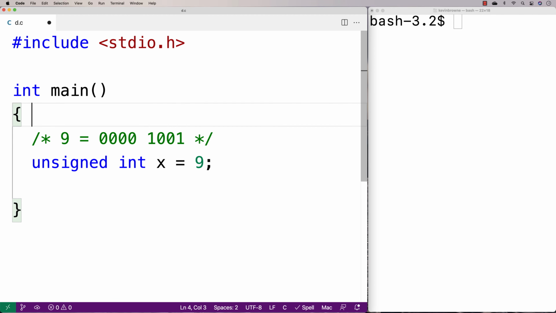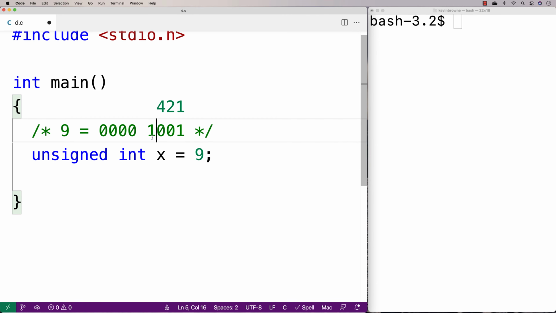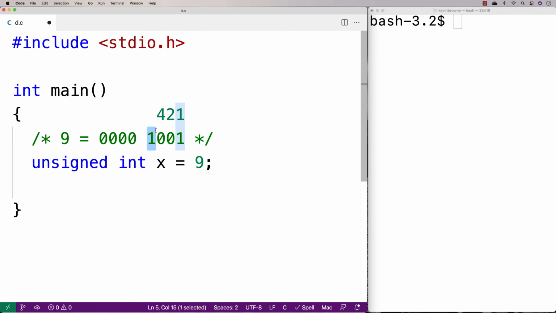So 2 to the power of 0 is 1, so this digit we can think of as being worth 1. This 2 to the power of 1 is going to be worth 2. This here, 2 to the power of 2, we can say that digit is worth 4. This 2 to the power of 3 digit, we would say that's 8, right? Because 2 times 2 times 2 is 8.